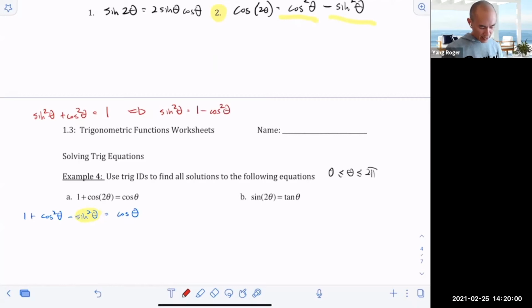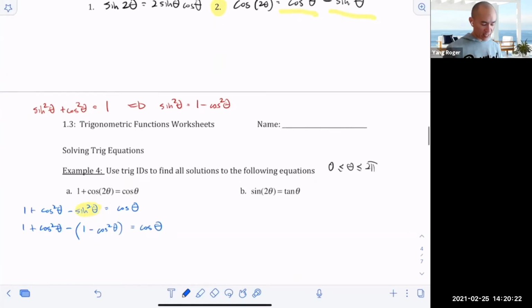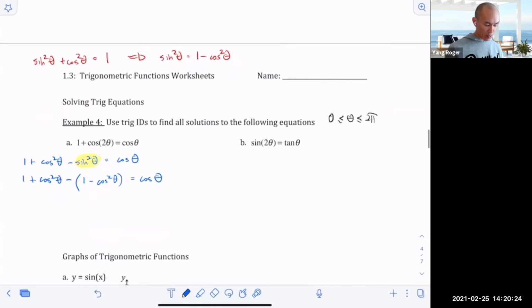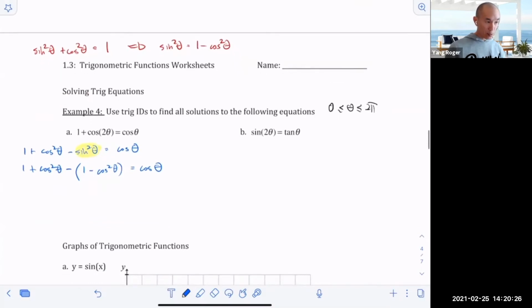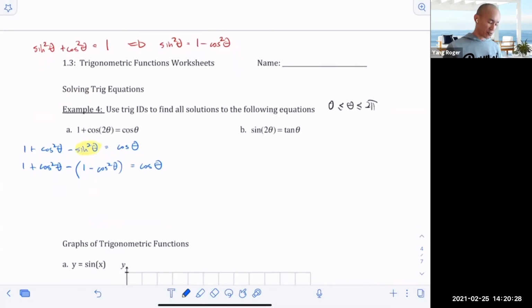So let's write that in for that highlighted part there. This is going to be 1 plus cosine squared theta minus parentheses 1 minus cosine squared theta, and set that equal to cosine of theta. Okay. Now, I want to clean this up a little bit. So I'm going to do some distribution here.